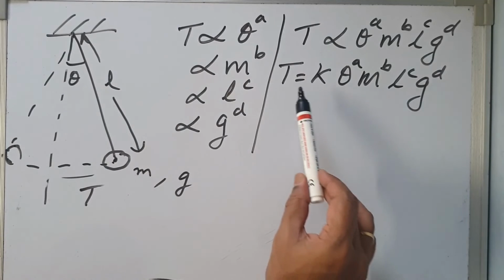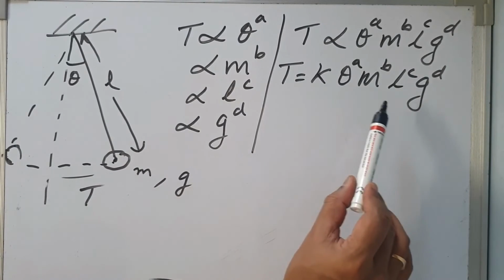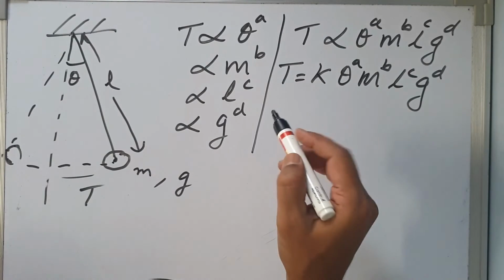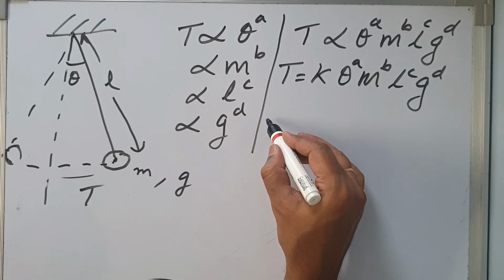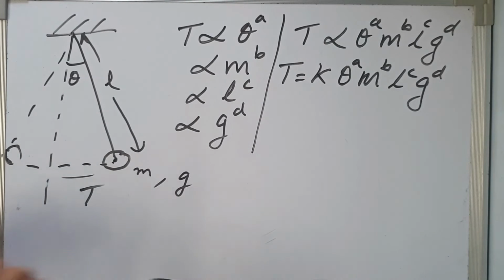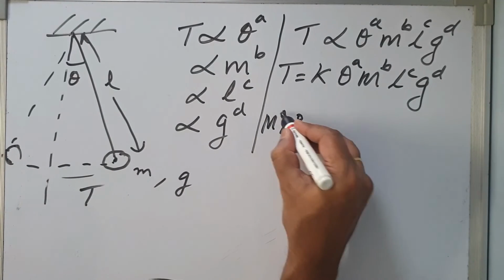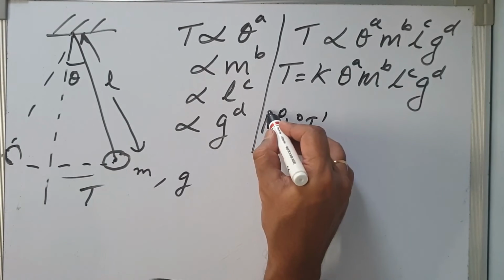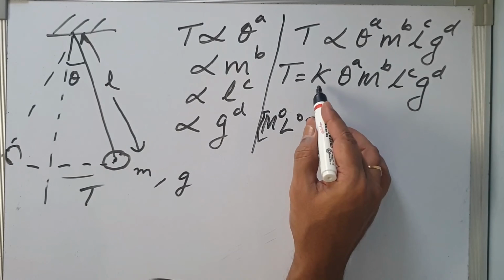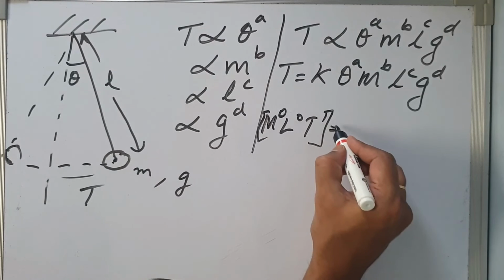If this relation is valid, dimension on LHS should be the same as that on RHS by principle of homogeneity. What is the dimension on LHS? Dimension formula of LHS. LHS means left hand side. Time, that means M^0 L^0 T^1. K is a dimensionless constant, therefore no dimension.